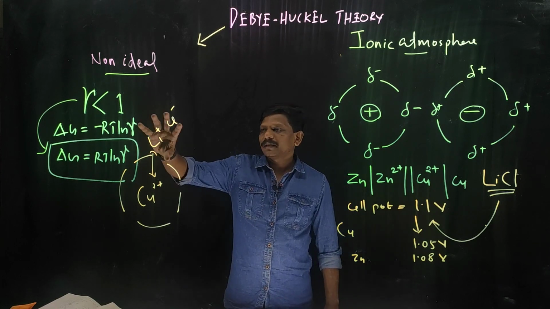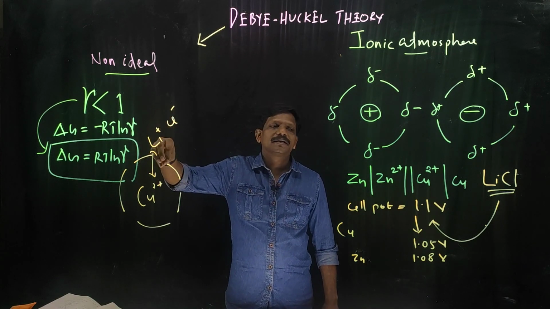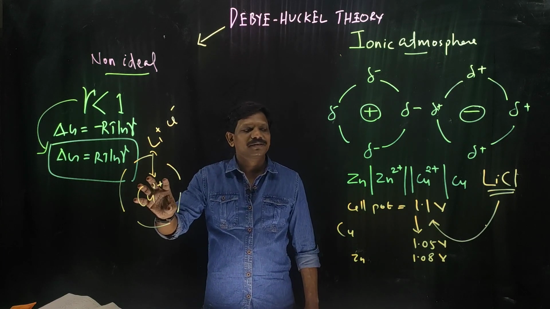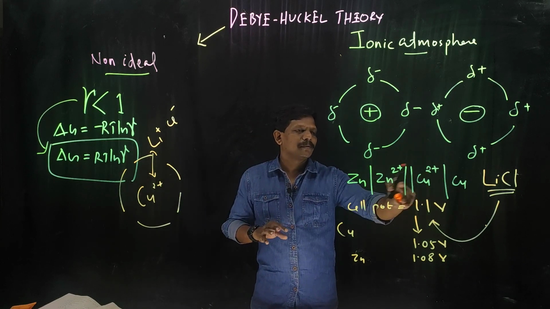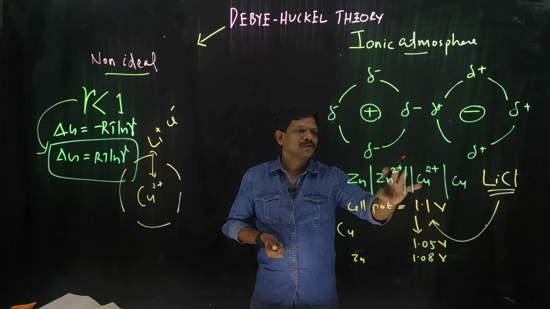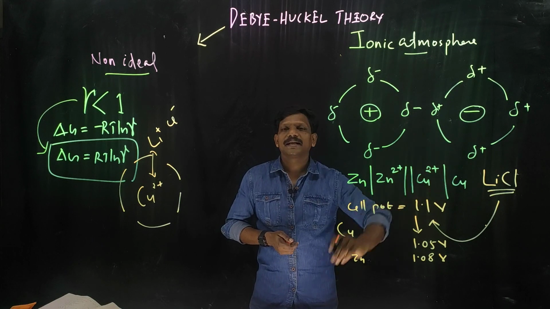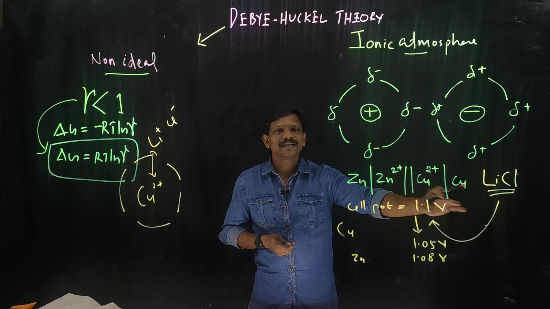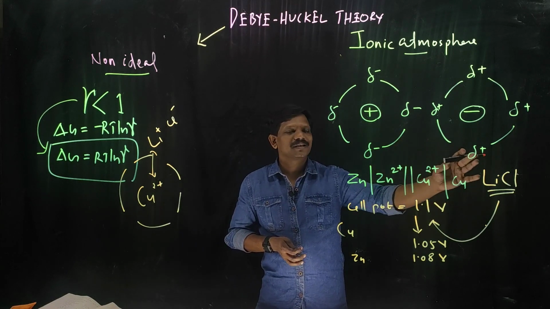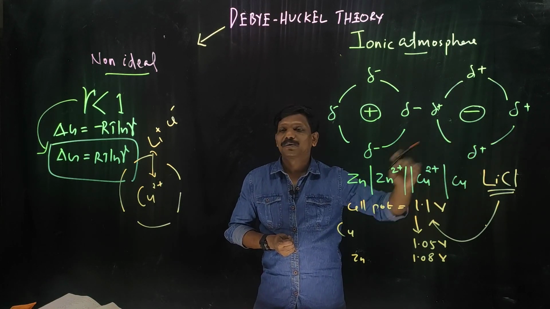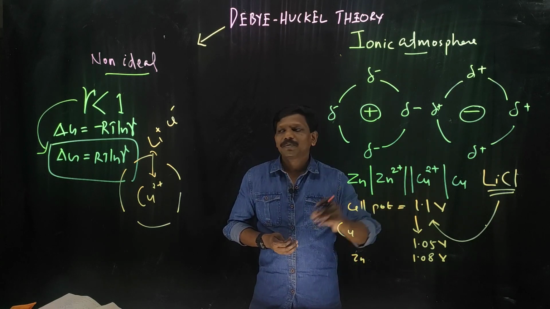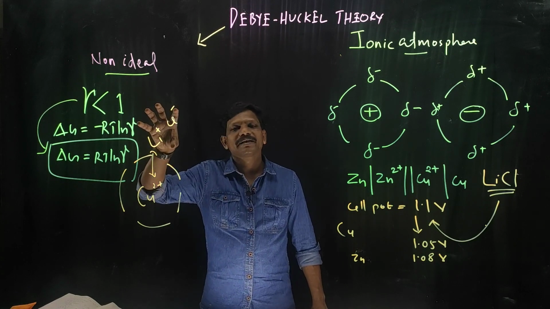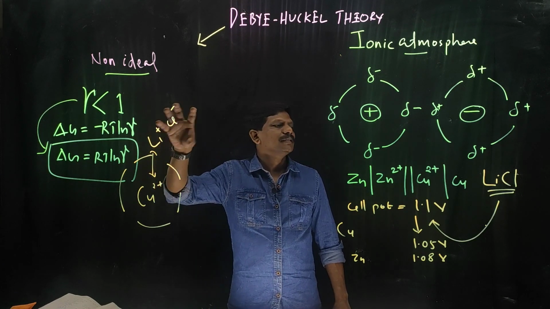So when you are adding LiCl to the system, what will happen? Usually in this type of zinc copper cell, the ions have to move. These ions should carry the charge to the electrode. That is important. This motion is a little bit screened when you add a small amount of LiCl.